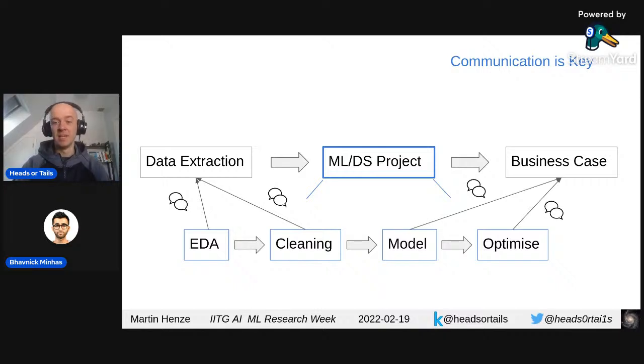Which is suboptimal. So there's a lot of communication happening at all of these stages. There's a lot of communication happening within the team. You just kind of talking to yourself, talking about the model, talking to your teammates about the steps that you're doing and how you could do them better. So communication is key, and communication is very much supported by data visuals and by knowing a lot about your data.